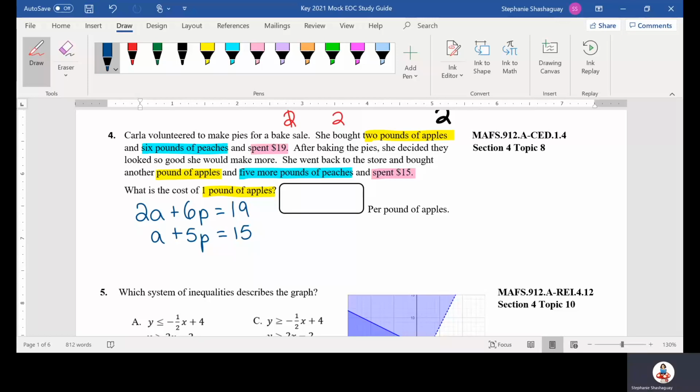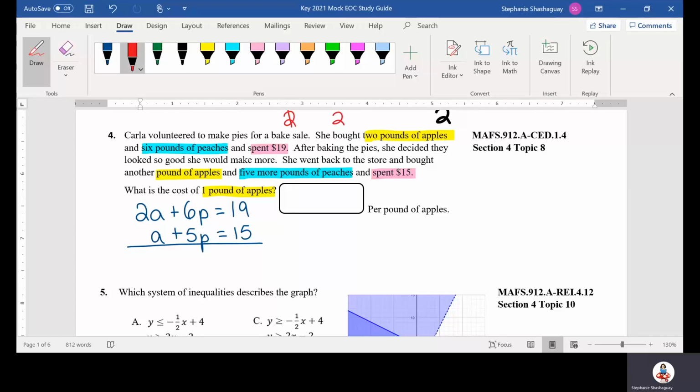We need to determine what the cost of 1 pound of apples is. So if we have a systems of equations, what we need to do is either solve by substitution, you can solve by graphing, or you can solve by elimination. I'm going to use the elimination method.